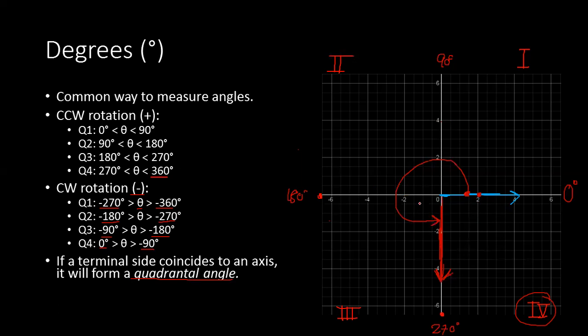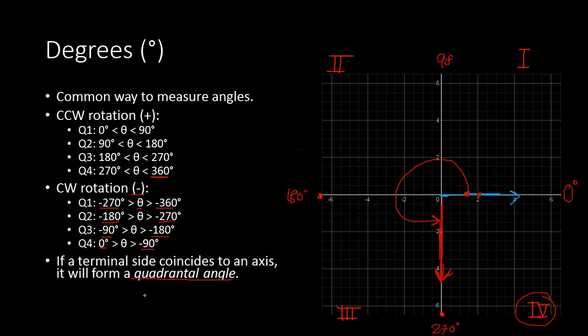All right. So basically that's it. Any axis, x-axis or y-axis, you will form a quadrantal angle. Just like this one. You rotate it counterclockwise, then you're going to stop below the y-axis. You will form 270 degrees. So that 270 degrees is a quadrantal angle. All right.